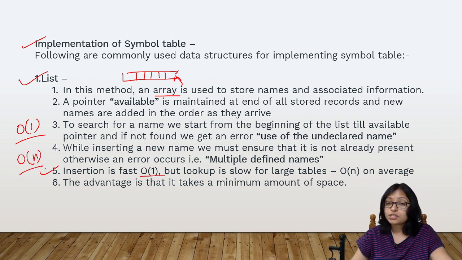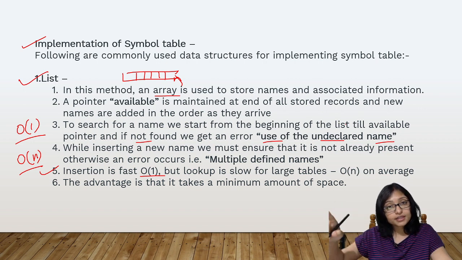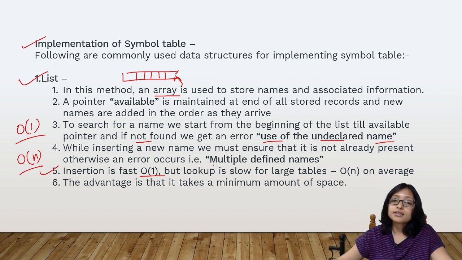Questions come from here. If something you are trying to find is not found, that is use of an undeclared name, and if you are trying to insert something that is already there, that gives a multiple defined name error. So this too is important.